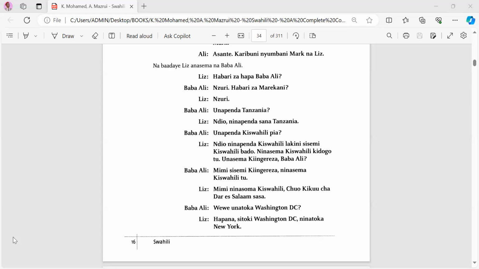Deo, ninapenda Kiswahili, lakini sisemi. Say that again. Lakini sisemi Kiswahili.